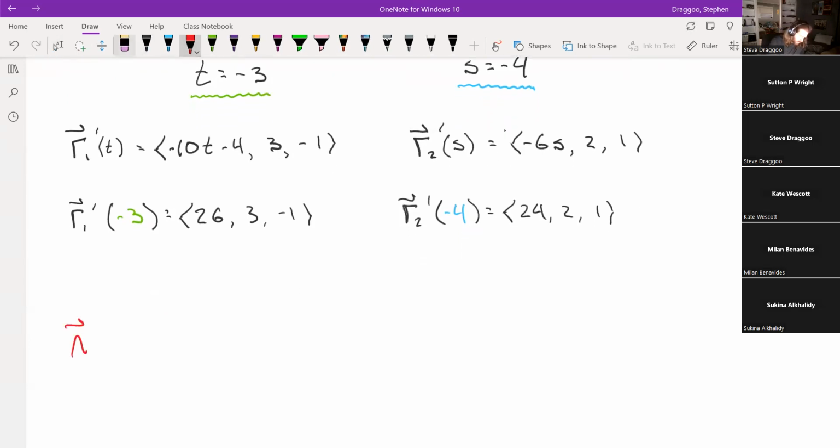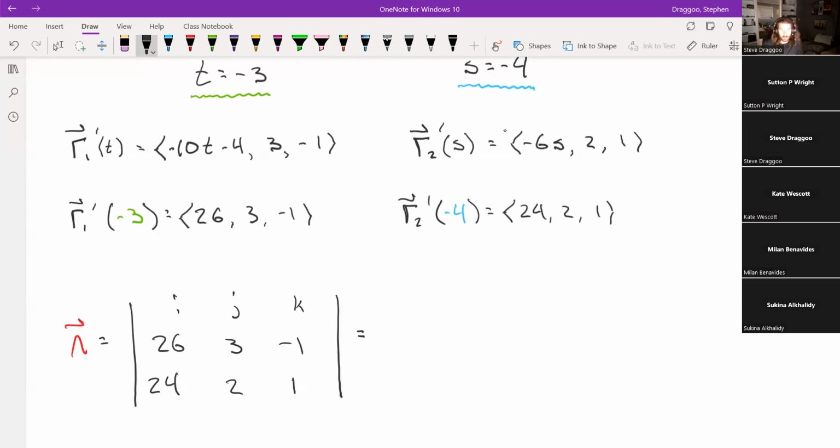Our normal vector, n, is the cross product, i, j, k, of 26, 3, negative 1, and 24, 2, 1. So if I go get that cross product, what do we have?